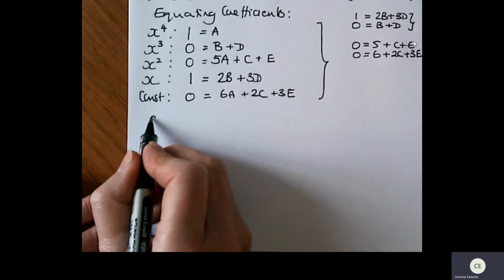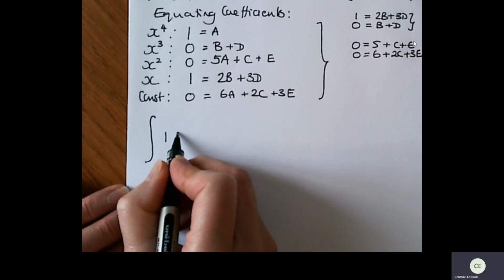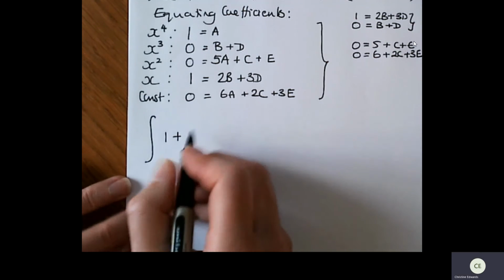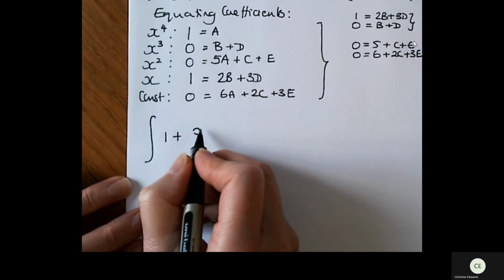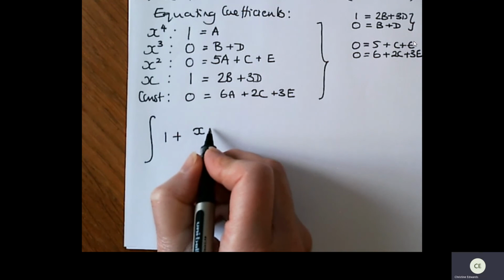So we have 1 plus x. No, I need to get the numbers the right way round. Let's have x.